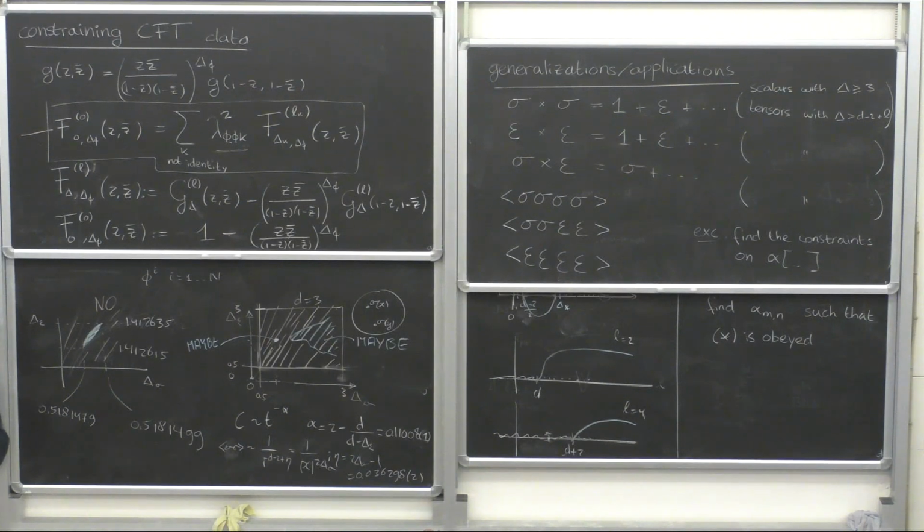Yeah. So people have done an analysis of the 4-point function of the stress tensor, and of currents and other vector operators and so on. It becomes much more messy because there are indices to contract and so on.